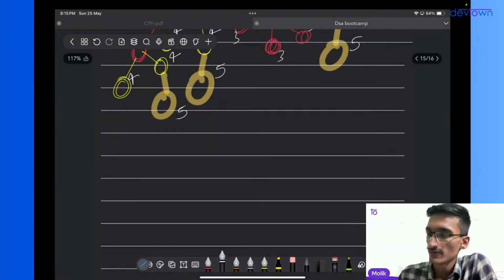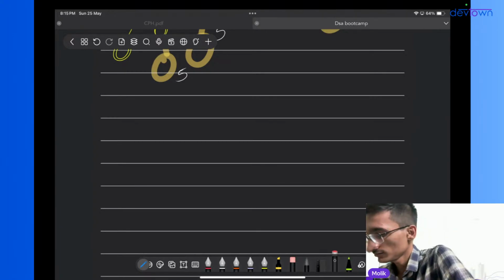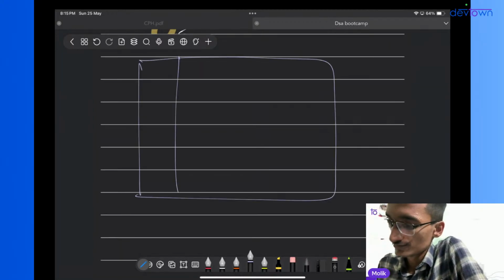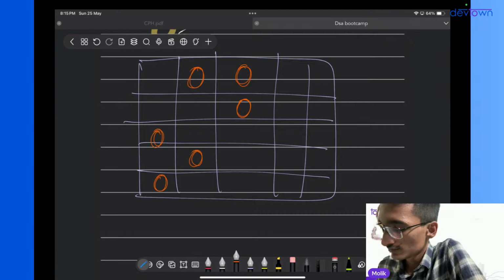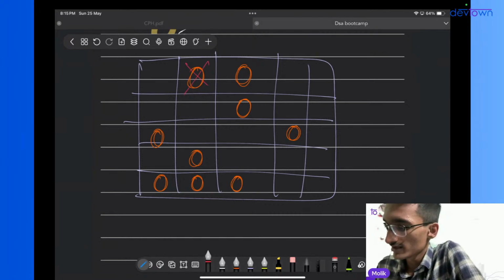Now, simply what this problem asks for is, you have a grid. You have oranges like this. And now some oranges are rotten.